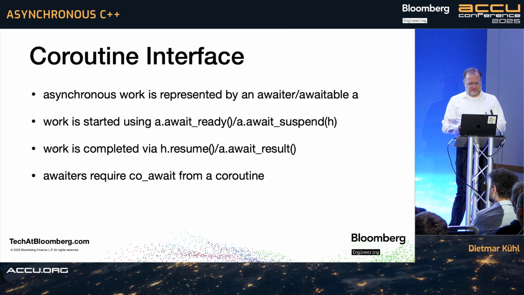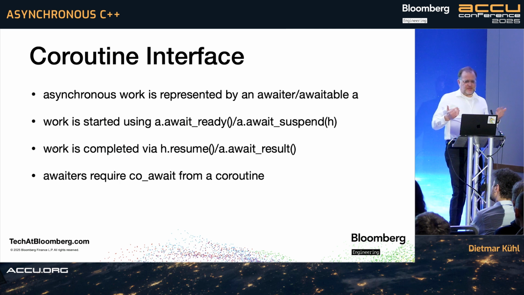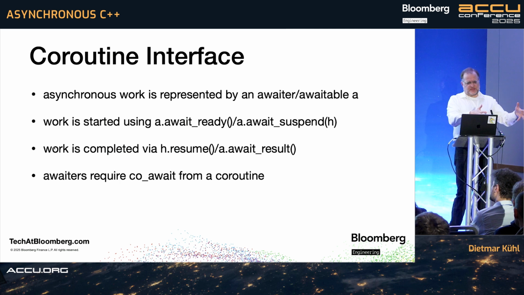And then the third part is that often you want to get the result back. To get the result back, you resume the coroutine, where the coroutine is resumed by calling resume on the handle. This is once the asynchronous operation is ready.